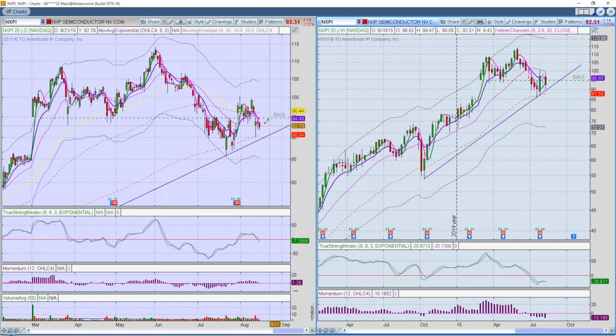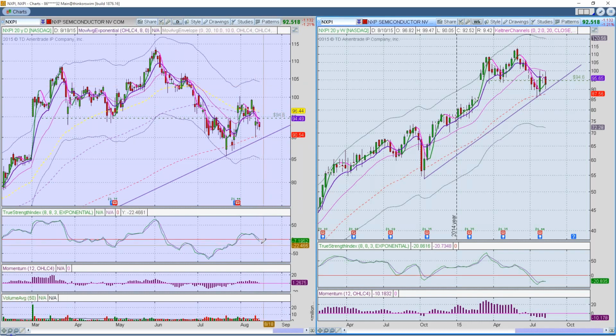So let's see if we get some consolidation, stay above the 200-day, and see if we get a rebound from there. But the market's got to also strengthen before I think NXPI would take off, because it might hammer back up against the 50, because the 50 and the 100 are acting as a zone of resistance right now.